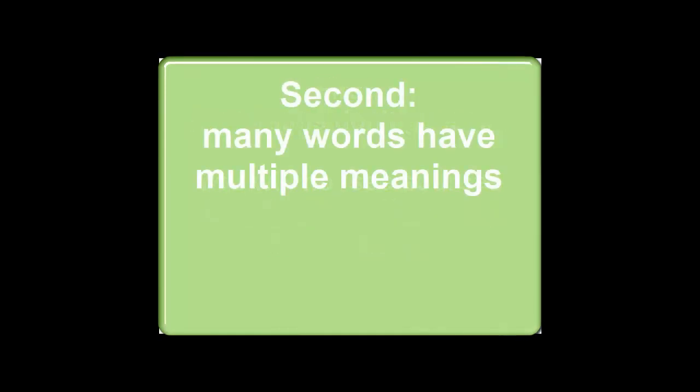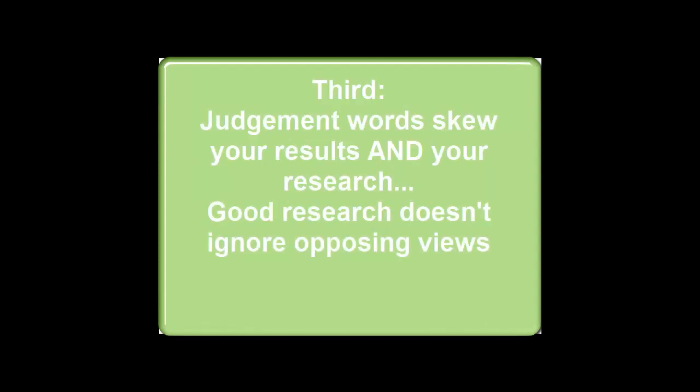Secondly, many words in English have multiple meanings, which can fill your results list with materials that aren't relevant. Thirdly, and most relevant when it comes down to judgment words such as positive, negative, benefit, disadvantage, and so forth. If you add judgment words into your searches, you may be inadvertently creating an echo chamber for yourself.